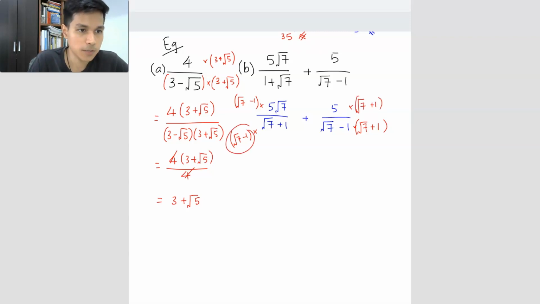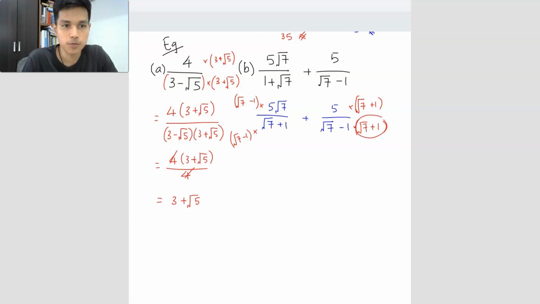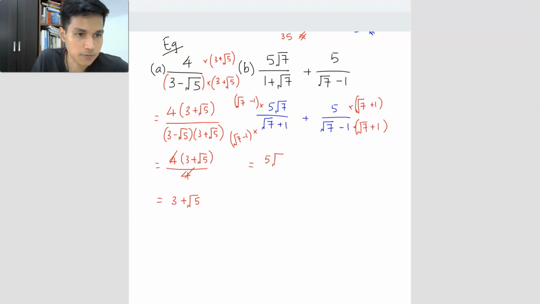Clear? So always multiply the conjugate of this. Since this one is surd 7 plus 1, here is minus 1. And since this side is minus 1, I have to multiply plus 1. Clear? Alright, so what do you have? So you will get 5 surd 7. I just write out first, just write it out so that it's easier to see.